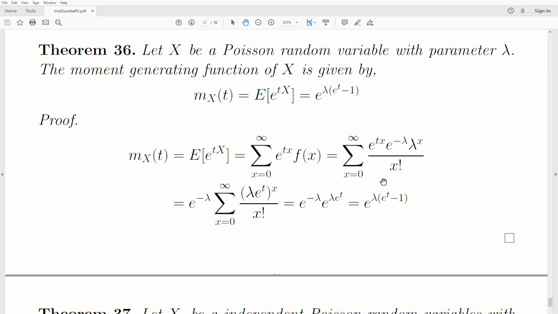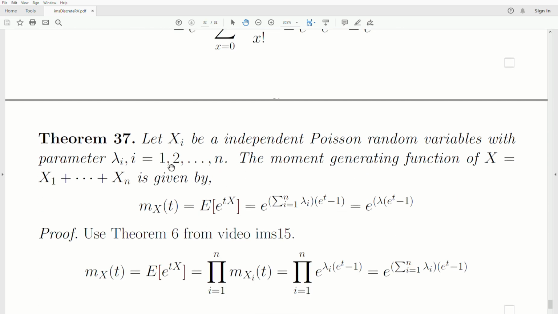Now notice this form of the moment generating function. If two moment generating functions are equal, it says that their densities are equal. So let Xi be independent Poisson random variables with parameter lambda i, where i goes from 1 to n.